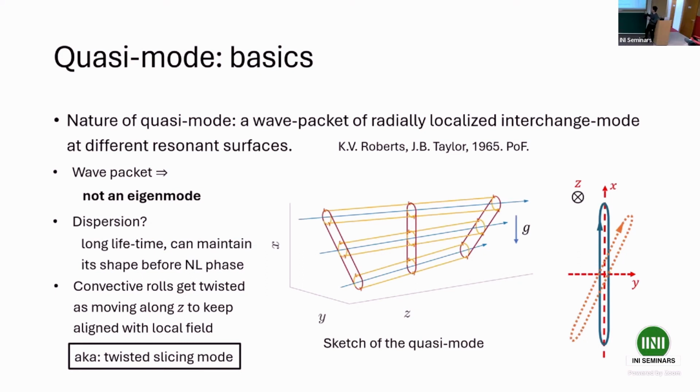Here, the effective gravity is in Y and Z, right? Because the mean magnetic field is in the Z direction.